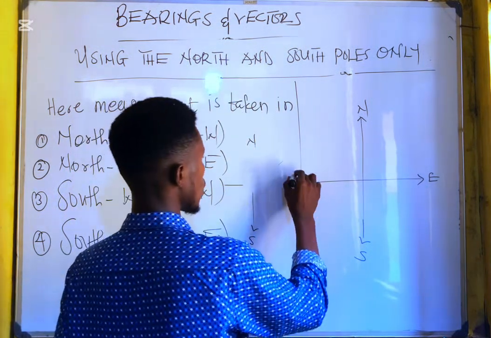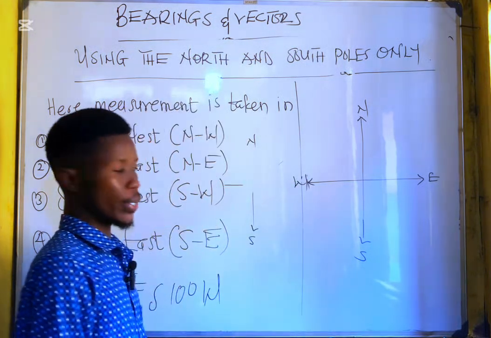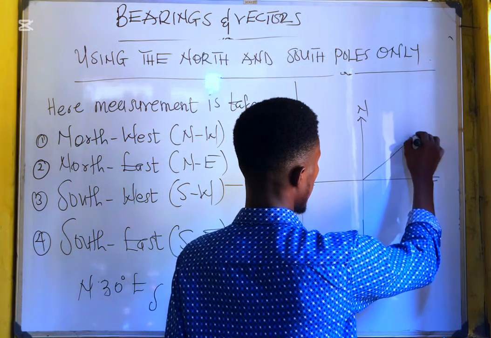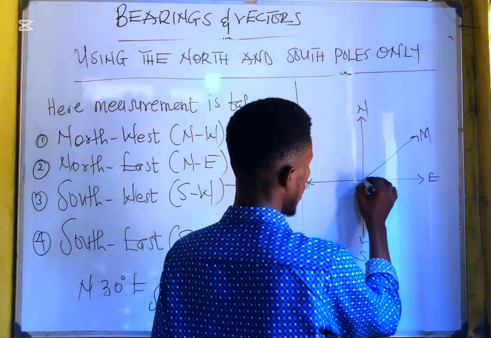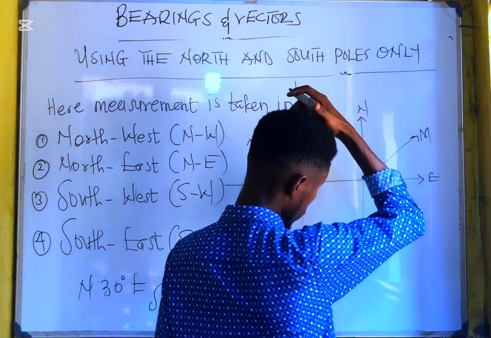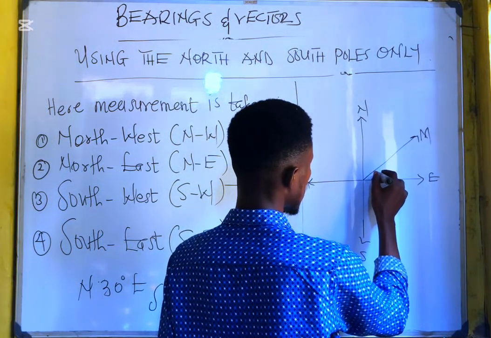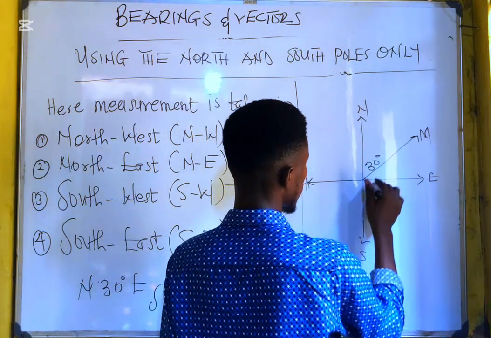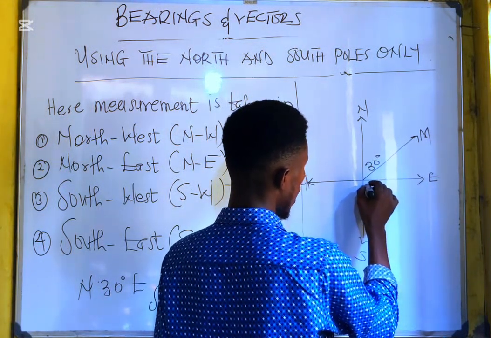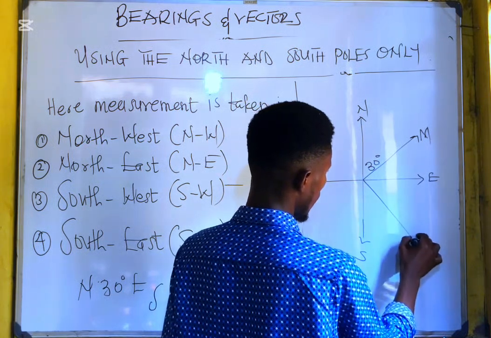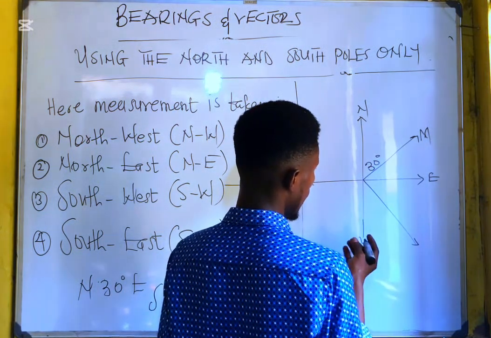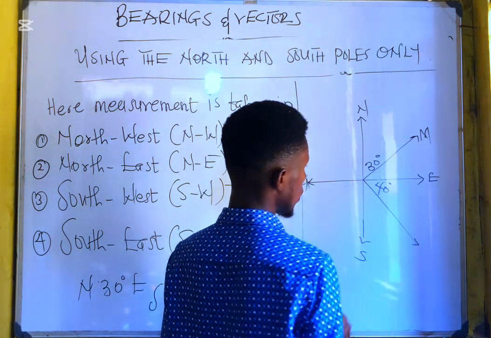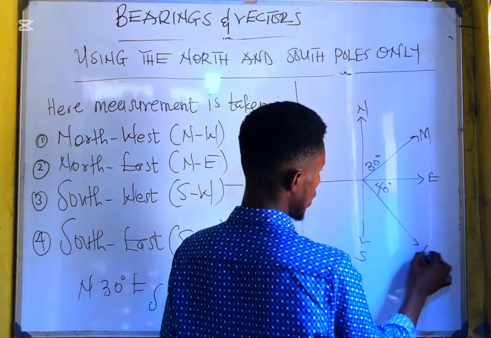Let's assume that I have a bearing M here, and that bearing M is 30 degrees, and I have a bearing, let's say 40 degrees here. Let's say this is K.